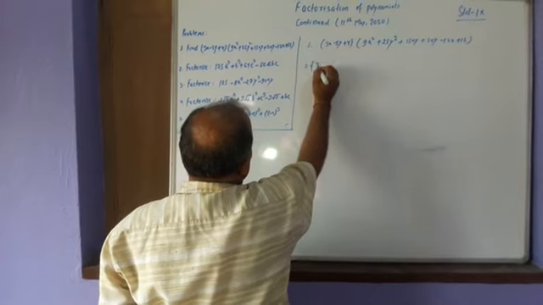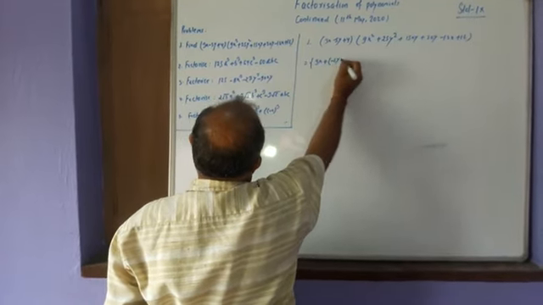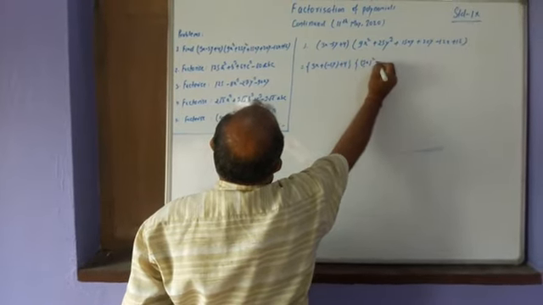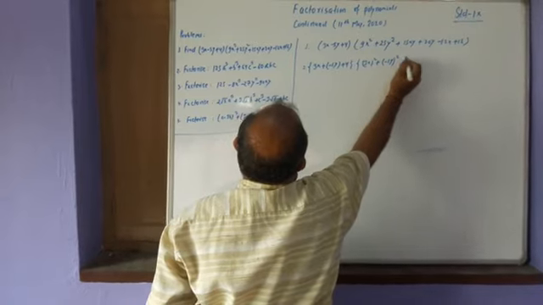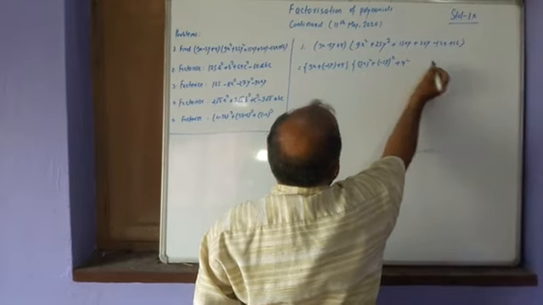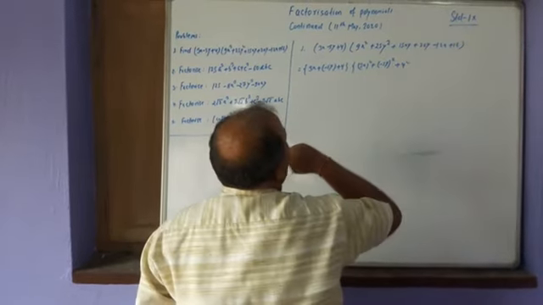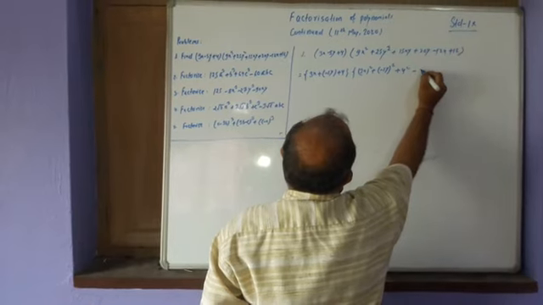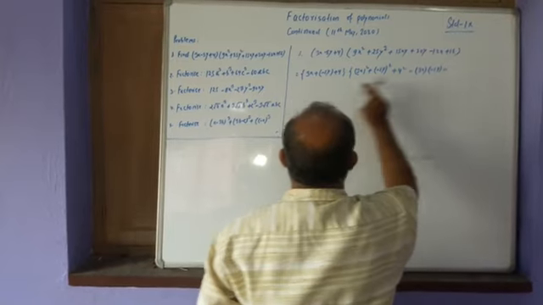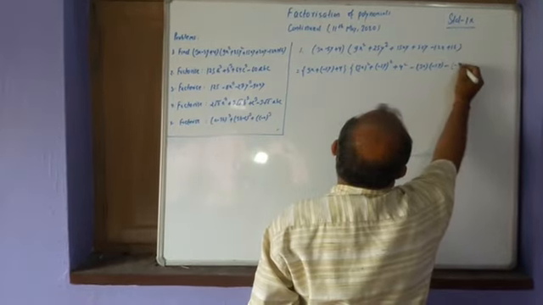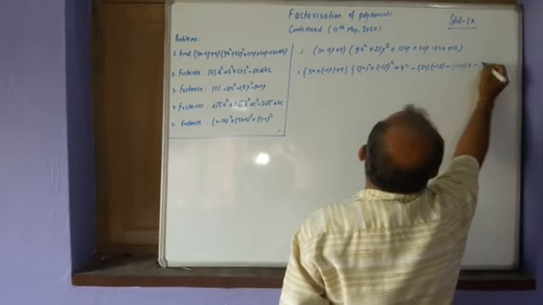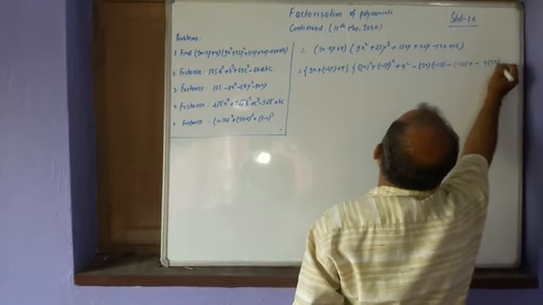It may be written as (3x minus 5y plus 4) into (square of 3x, square of minus 5y, square of 4, 16 is the square of 4), then minus (3x into minus 5y) minus (minus 5y into 4) minus (4 into 3x).